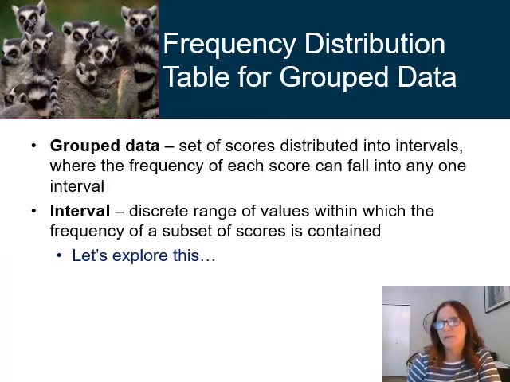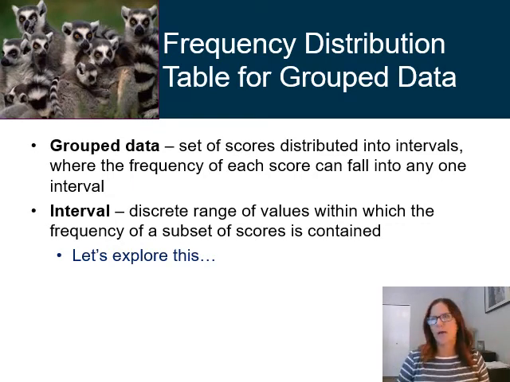So with grouped frequency distributions, we have a set of scores that are distributed into intervals, so a group of scores. So maybe on an exam, you can score anywhere between 0 and 100.